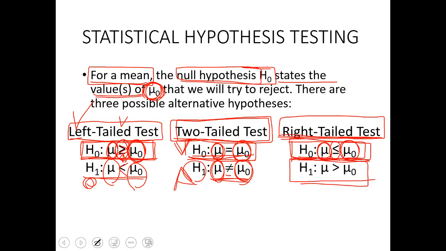The right-tailed test null hypothesis says that the population mean mu is less than or equal to the benchmark value, and this alternative hypothesis is that the population mean is strictly greater than the benchmark value, our standard value.